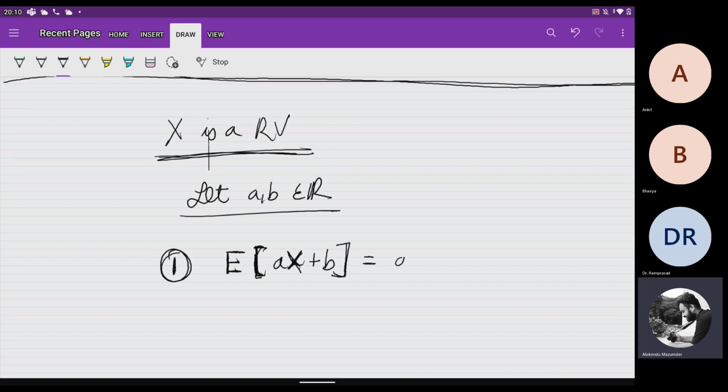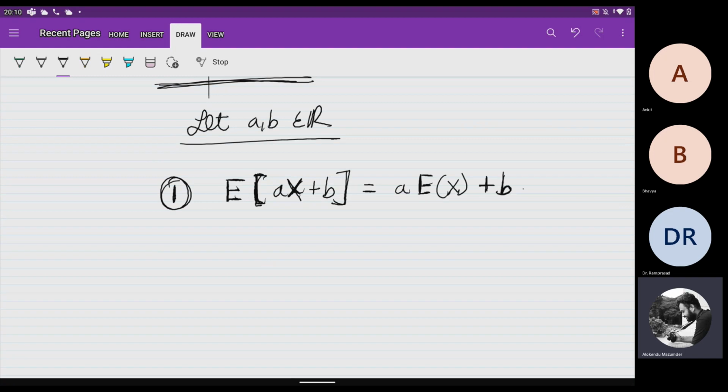It will basically be a times the expectation of x, plus b. Can anyone tell me how it came, or shall I derive it?